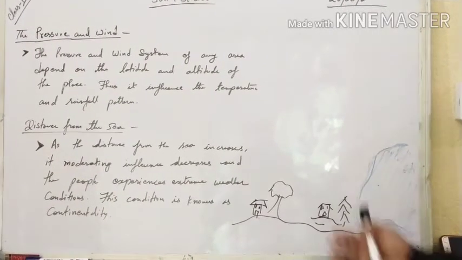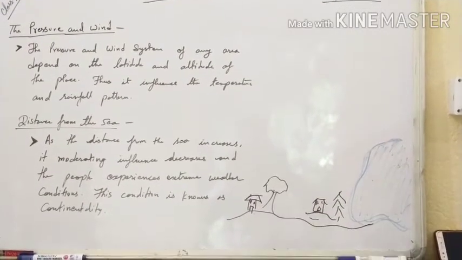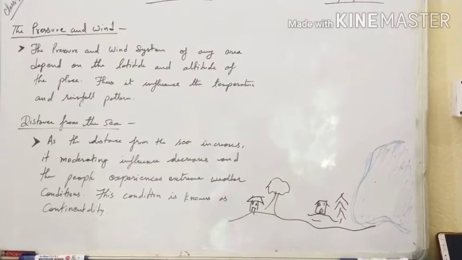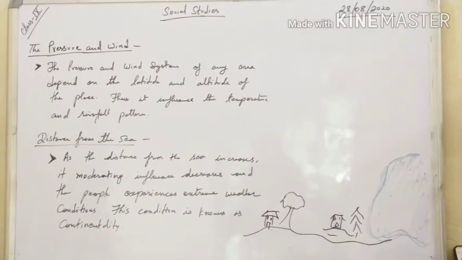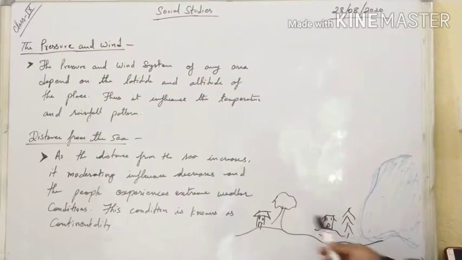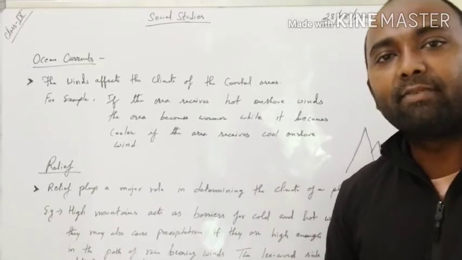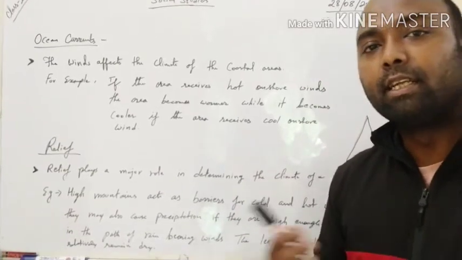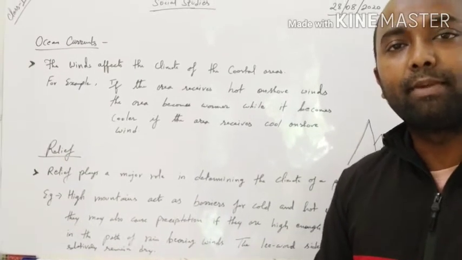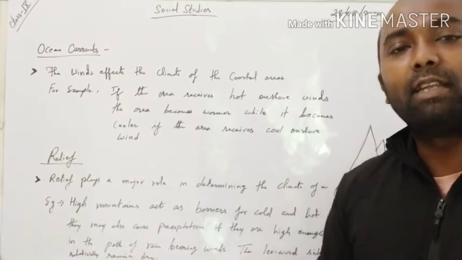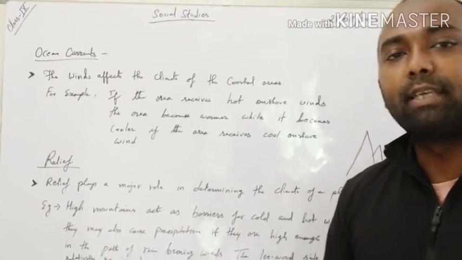That means they will experience extreme weather in the far off place, whereas the place which is near the sea will have a moderate type of climate due to the influence of the sea. And as I told you, as we move far, the influence of the sea will be decreasing. So we understood that if the area is far away from the sea, it will receive the extreme type of climate, that is continental type of climate, which means that the region will have a very hot summer and very cold winter.